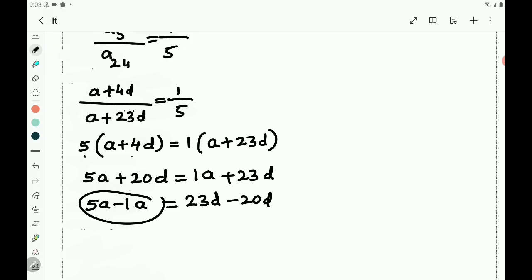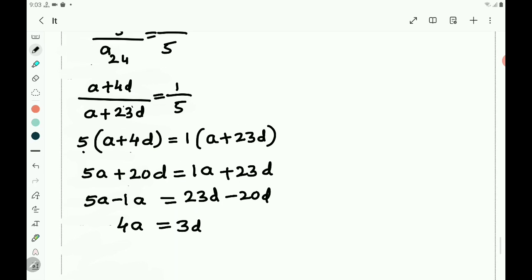Then 5a minus 1a is 4a equals 23d minus 20d is 3d. So you can express a in terms of d or d in terms of a. If you want to express a in terms of d, this 4 is to be transferred to the RHS. Then you get a equals 3d by 4. Consider this is the first one.